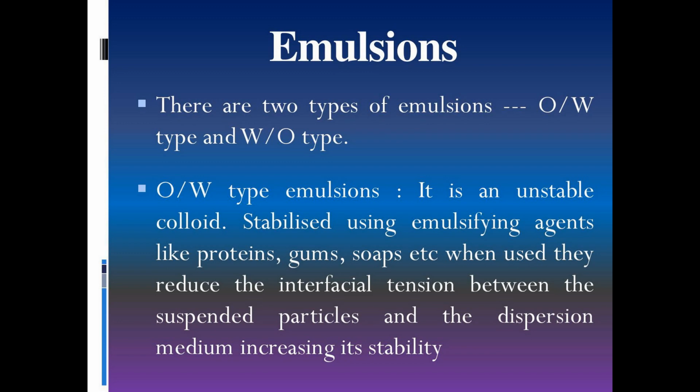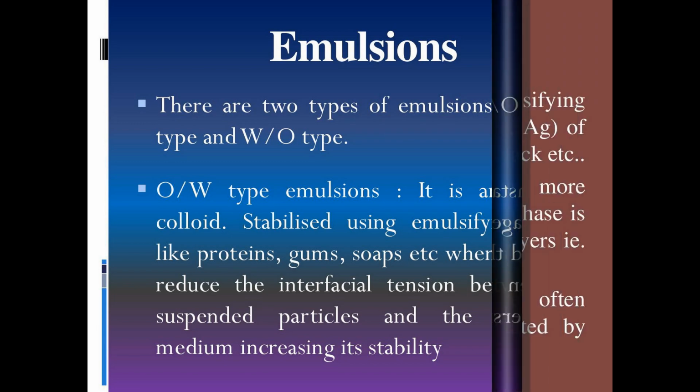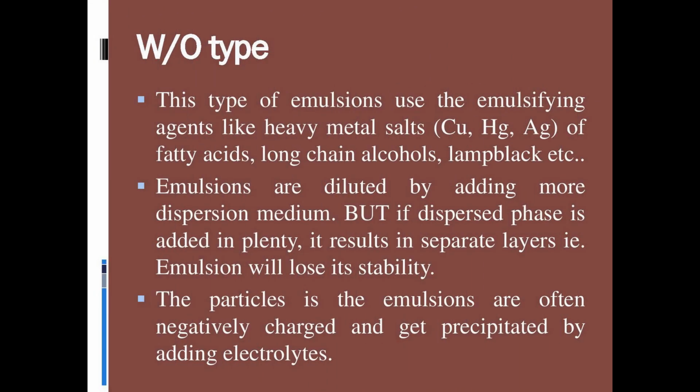When these substances are added to the solution, we find that it reduces the interfacial tension between the dispersed phase and the dispersion medium, increasing the stability of the colloid. Water dispersed in oil.